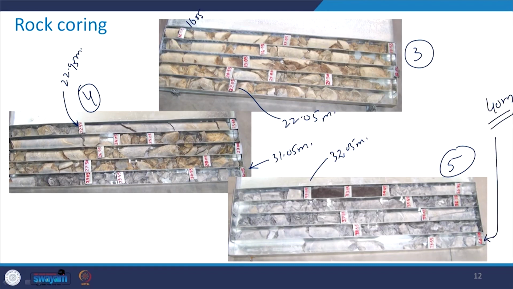That means the depth of that core hole was from the ground surface to 40 meters. So, from 0 to 40 meter, whatever you have got, you have arranged in a systematic manner depth wise in various core boxes, so that it can be transported to the lab for the further specimen preparation and testing.